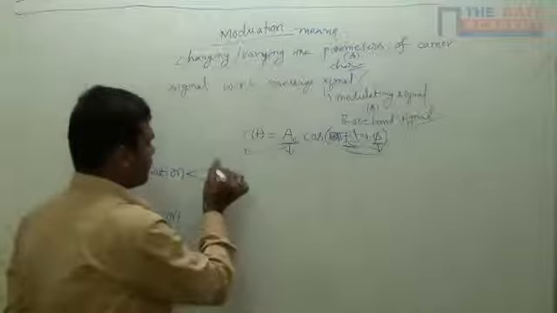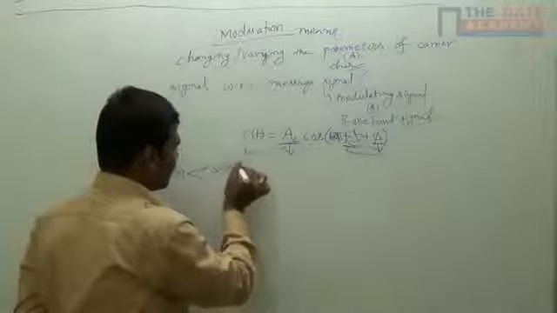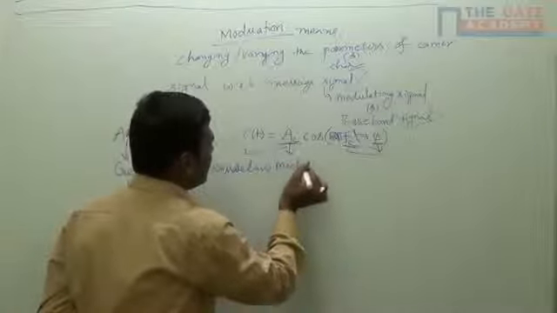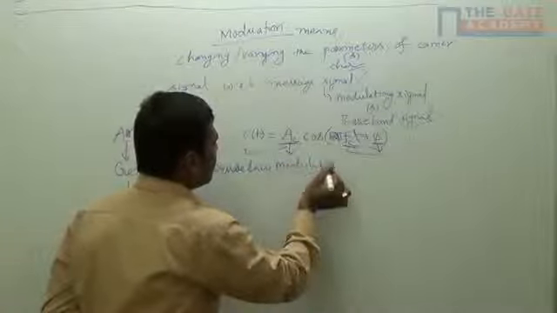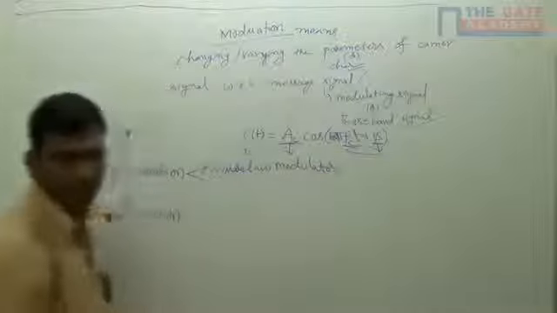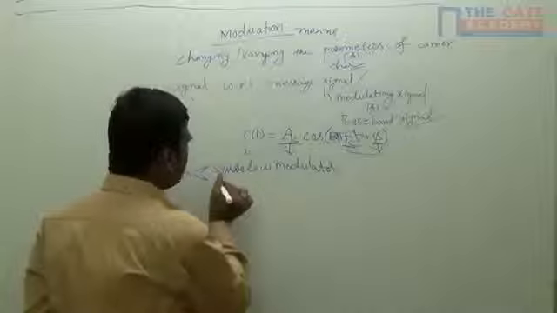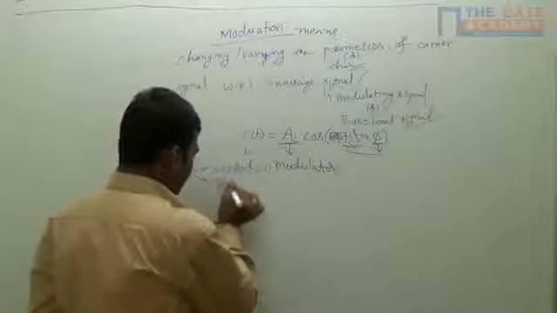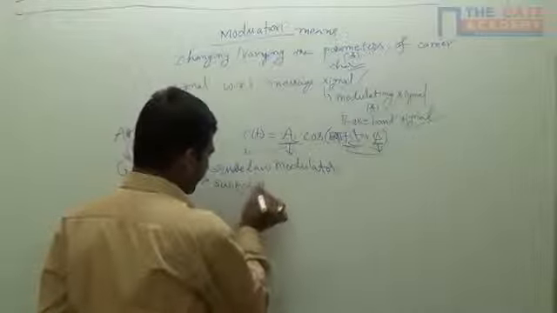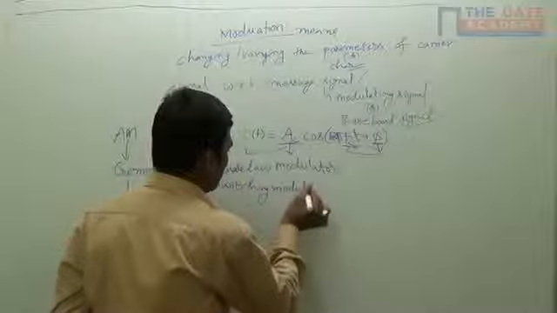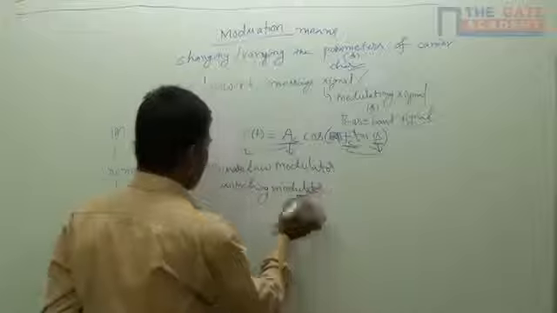One is square law generation, square law modulator. We can call these generators modulators. So square law modulator and switching modulator.